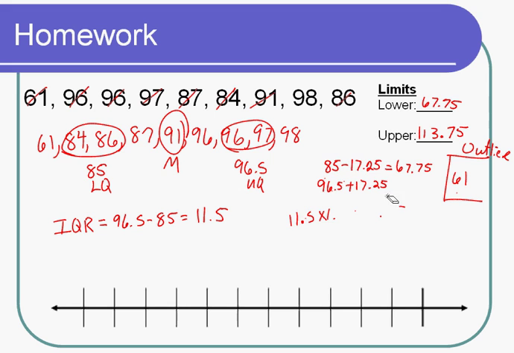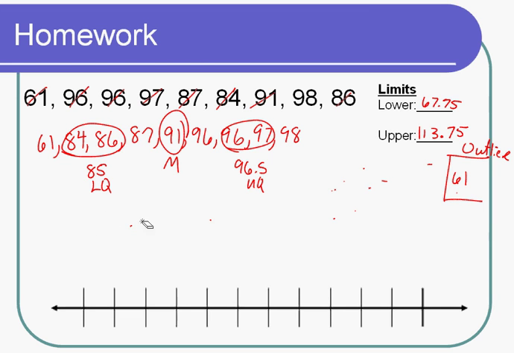Now, I'm going to number my number line, and I'm going to go ahead and start putting my points here. This would be my lower extreme and upper extreme in this case.